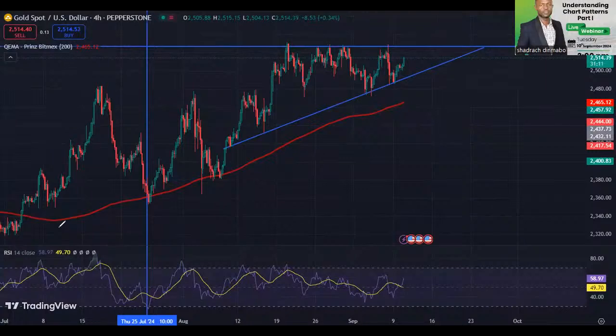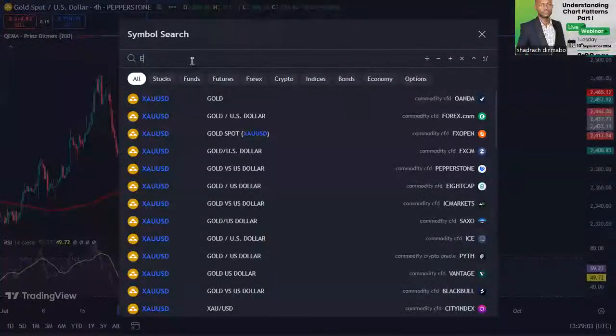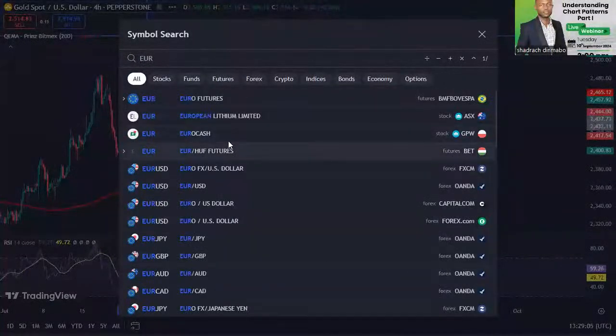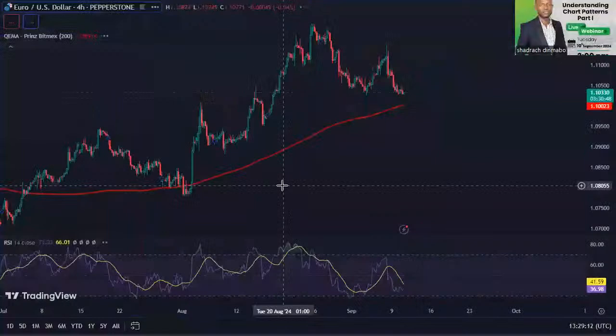So without much ado, this is a very clear-cut example. Let's see if we can see another example. Let's look at another pair, probably just one more, and then we'll call it a day. All right, so let's see another example.